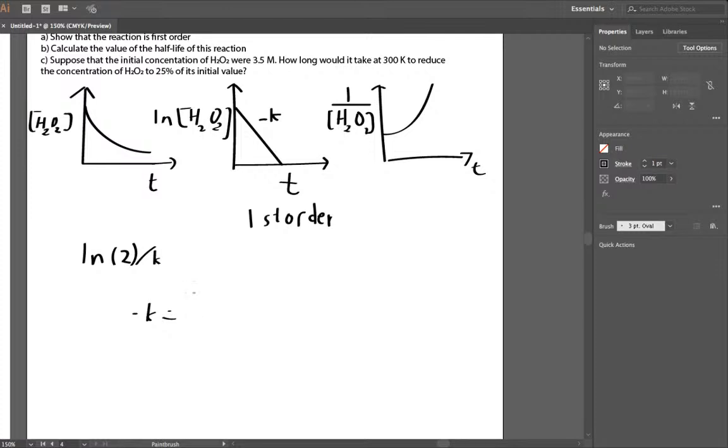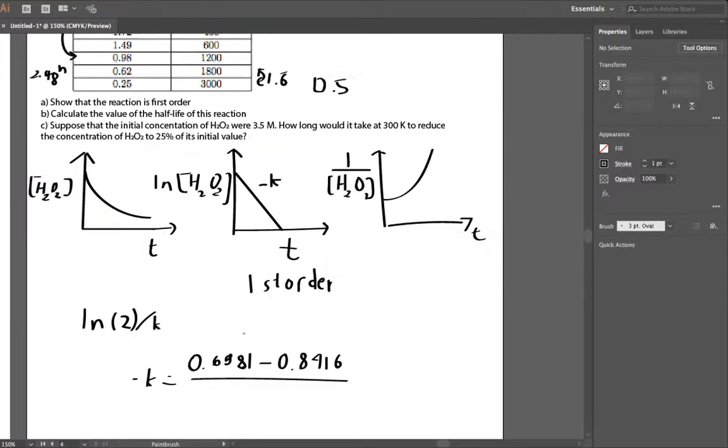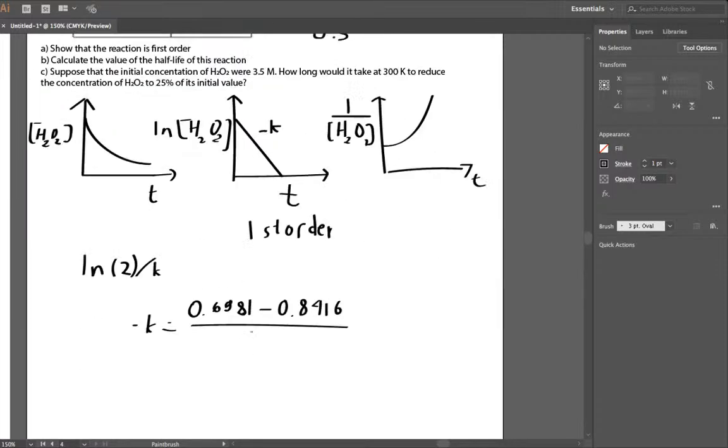That's y2 minus y1: 0.6981 subtract 0.8416, and divide the entire thing by the change in time, 200 there.